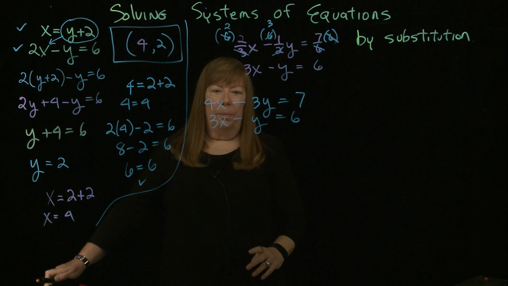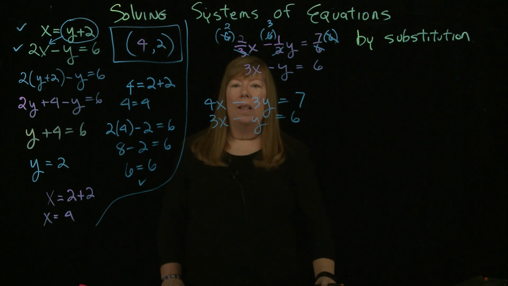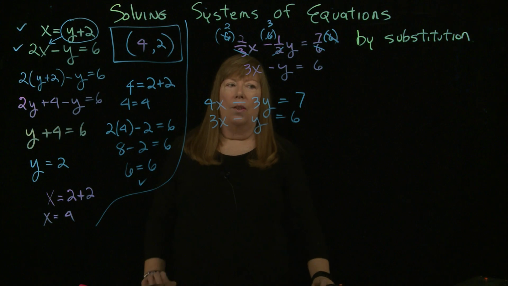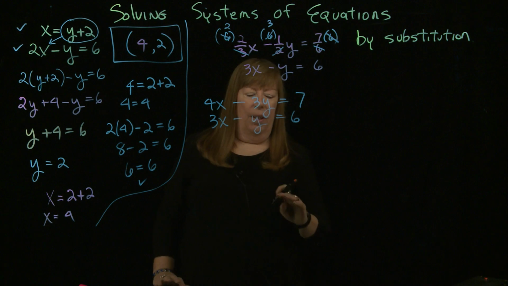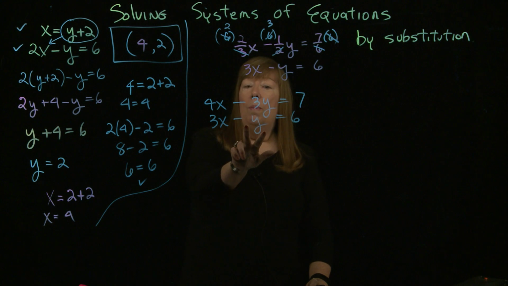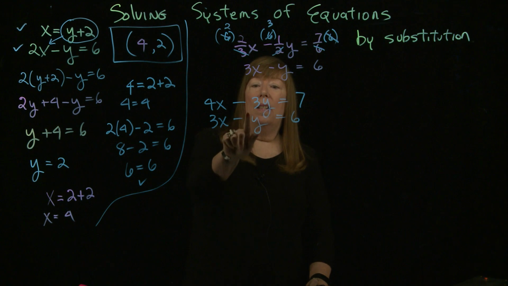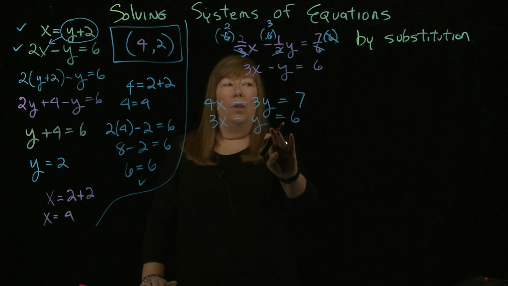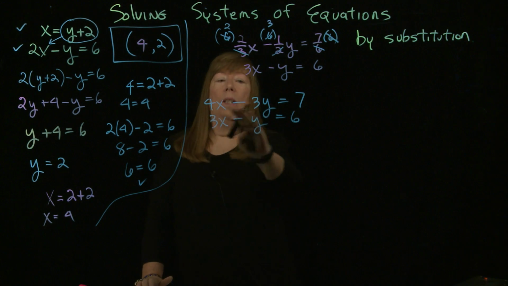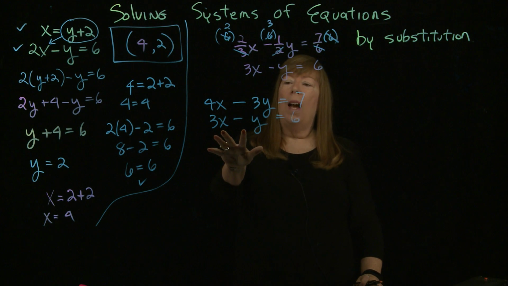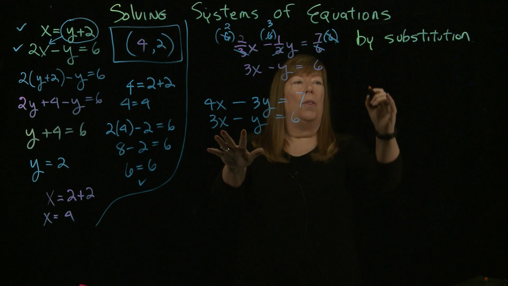So what we're looking for now is an isolated variable. We had an isolated variable in the last problem, but this one does not have an isolated variable, so we're going to have to isolate one. This would be the easiest thing to isolate because it has a coefficient of 1 or negative 1. So we're going to have to do a little work on the side here on this equation to get the y by itself. What if we subtracted 3x from both sides?